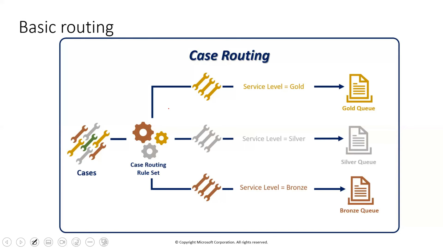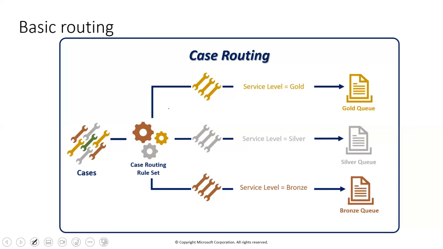In the basic routing, what we need to do is create a rule first. Under the rule, we need to define that if my customer segment is gold, because we have a different team available for these different queues and different segments of customers, then the case needs to be diverted towards a queue called gold queue.